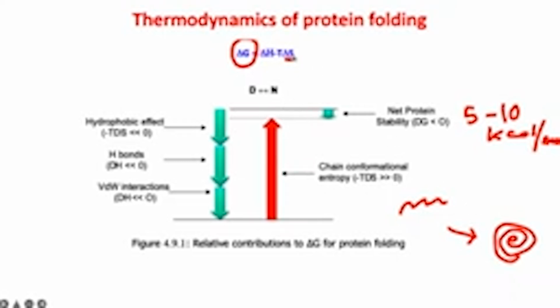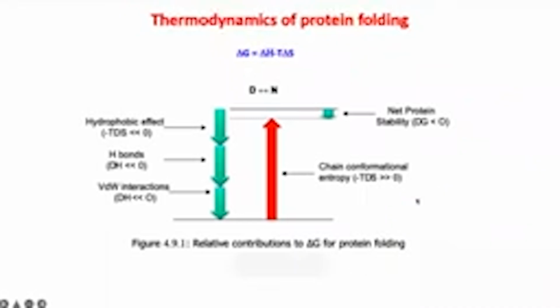If it goes up, there is more disorder. If it goes down, there is less disorder. And the folding of a chain basically lowers entropy. If it lowers entropy, it's a negative term. The negative of a negative is positive. And because this term becomes positive, delta G becomes positive. And for a spontaneous folding, we want the delta G to be negative.